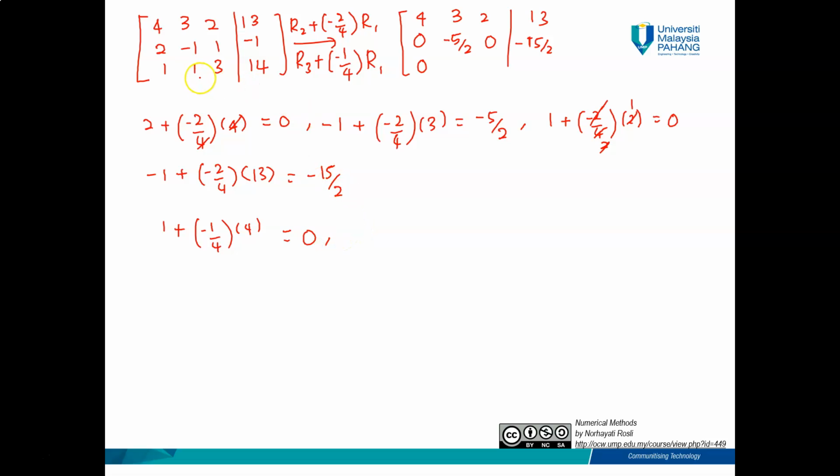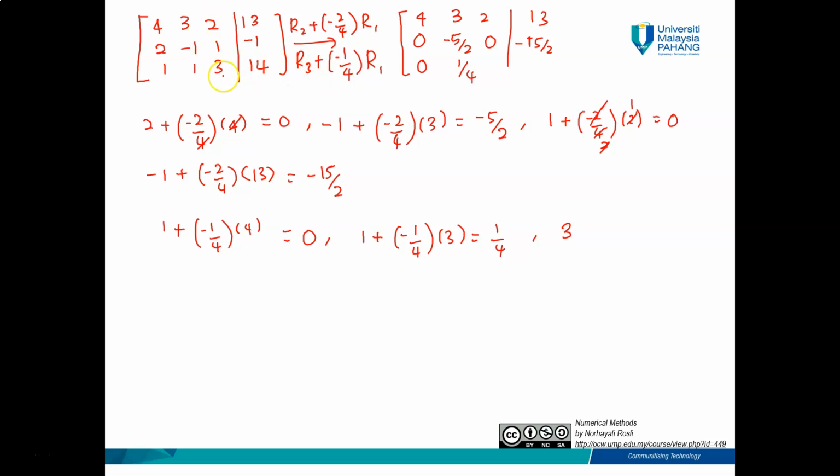And then when we go to the second column, we have 1 plus negative 1 over 4 times here R1, you have to refer to this column, we have 3 as its R1. So we times this one by 3, and we get the answer equal to 1 over 4. Then we go to the next one, that is 3.